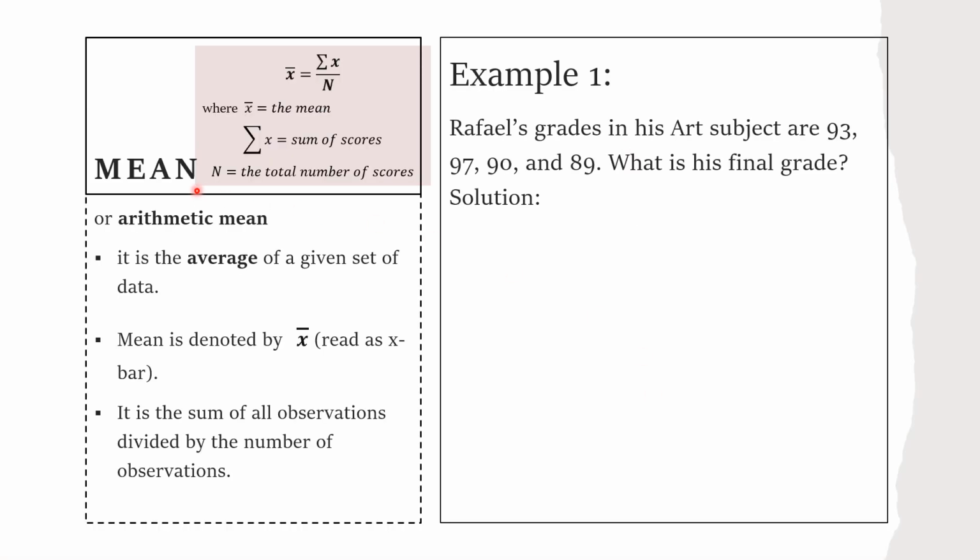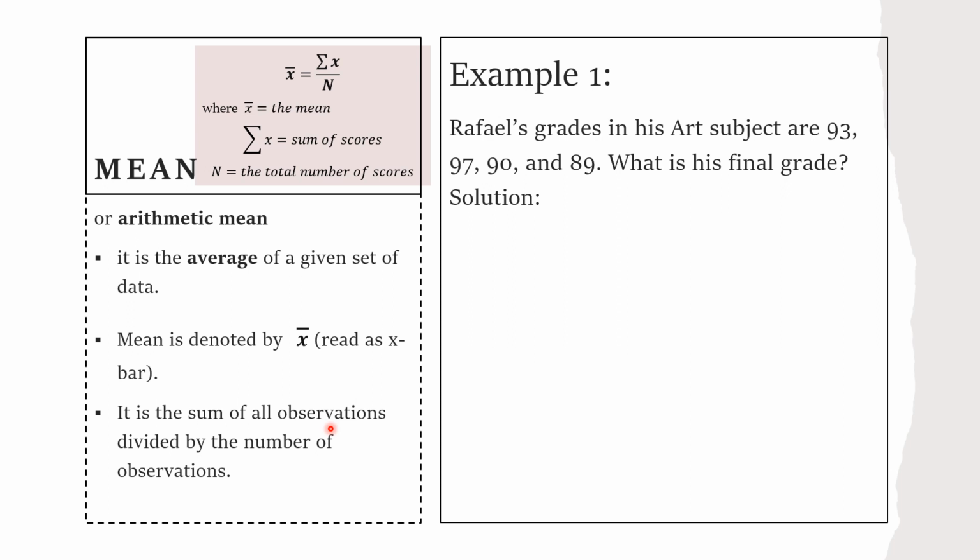What is mean? It is the arithmetic mean. The common term is the average, which is the average of a given set of data, and it is denoted by X bar. So that is how we read this symbol. How do we find the mean? It is the sum of all observations.